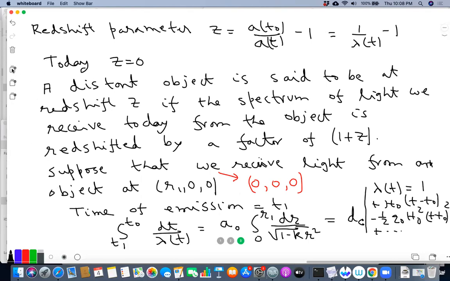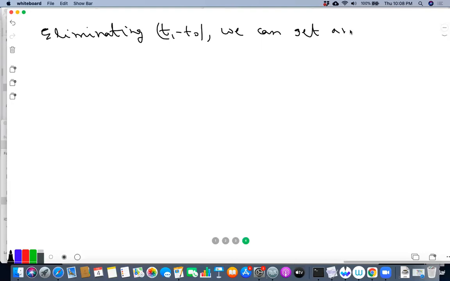So let me write that. By eliminating t1 minus t0, we can get an expansion of the form Z equal to A times dc.